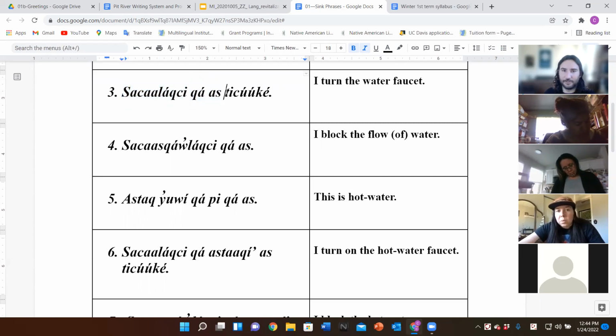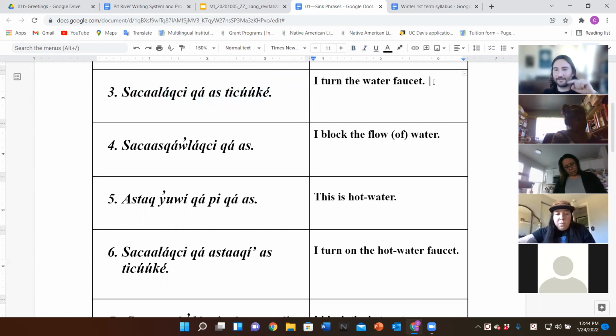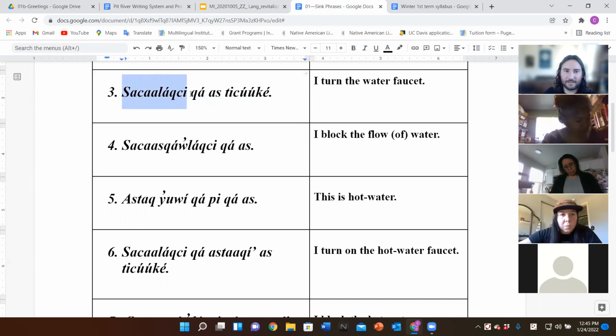And then dejuke is kind of like the thing it flows out of, is basically what it's saying. So you could say faucet, right? But it's literally saying it's the thing it flows out of. So this first word is sajalakji. Kaas. Dejuke.